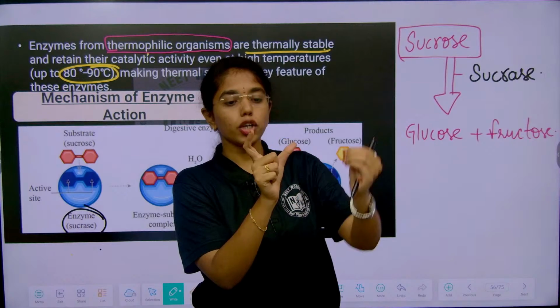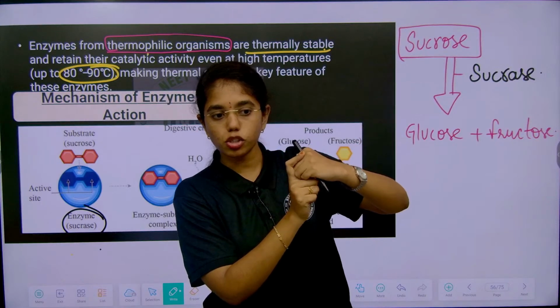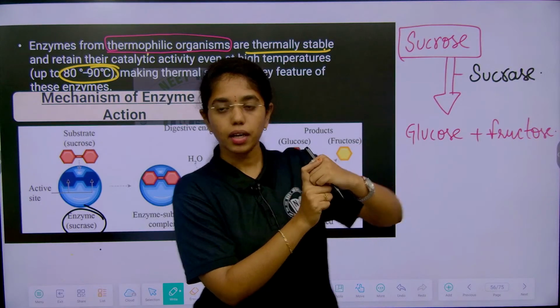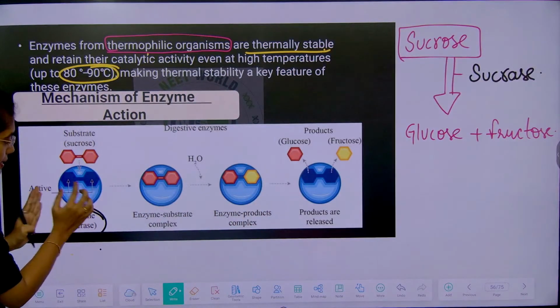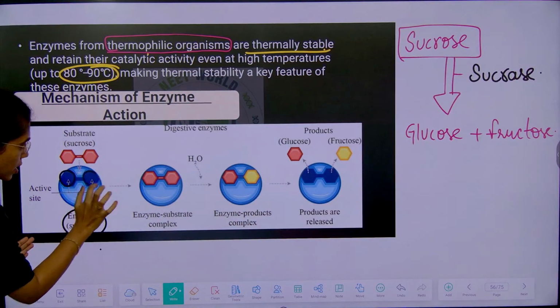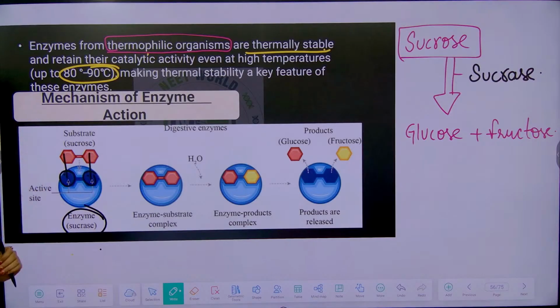The crevice into which the substrate can fit and bind is called the active site. Likewise, in this enzyme, these are the active sites to which the substrate can fit.